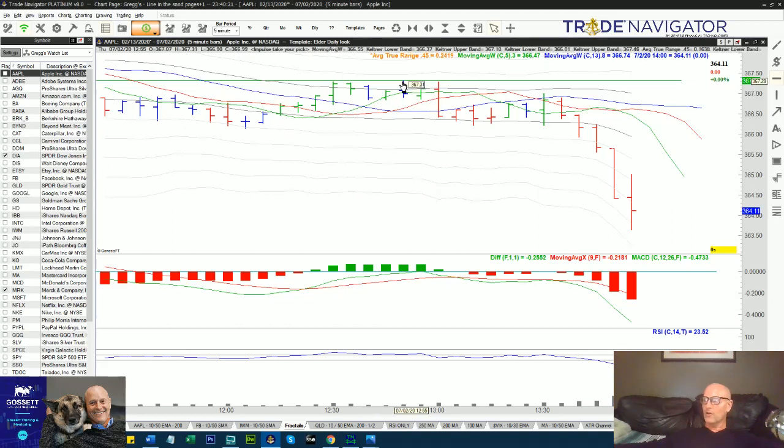So here's our high, two lower highs to the left, two lower highs to the right. The high has to be above the red line, which it is here. And look at this. Oh, not here, right here. Here we have a low with two lower highs to the left, two lower highs to the right. Is the alligator sleeping? Yes, it is.